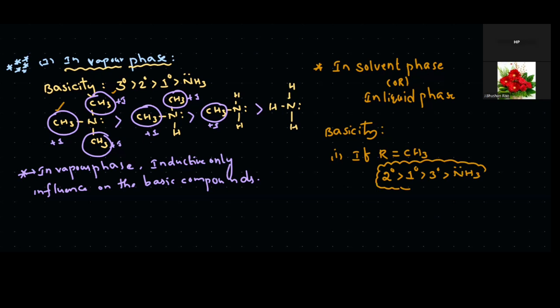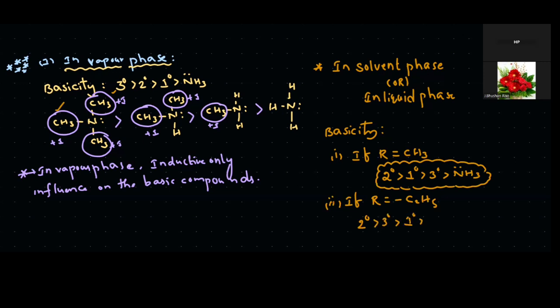Next, second case. If R equals C2H5, meaning more than one carbon atom is present in the compound, the basicity order is secondary greater than tertiary greater than primary greater than ammonia.